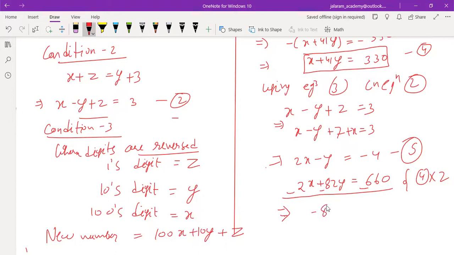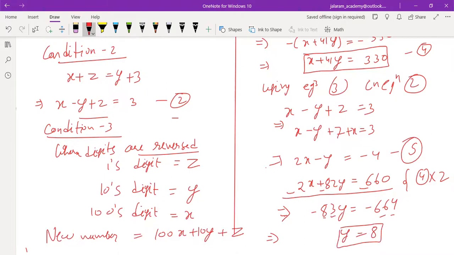Minus y minus 82y is minus 83y equals minus 664. So is it divisible by 8? 8 eights are 64, 3 eights are 24, 640 plus 24 is 664. Yes, so it is divisible by 83, so y equals 8.